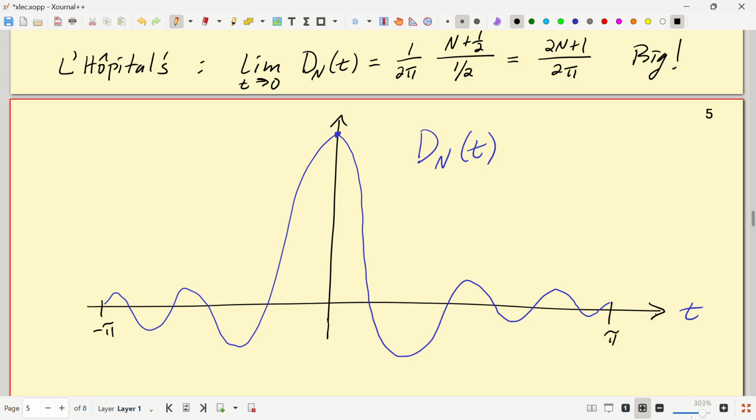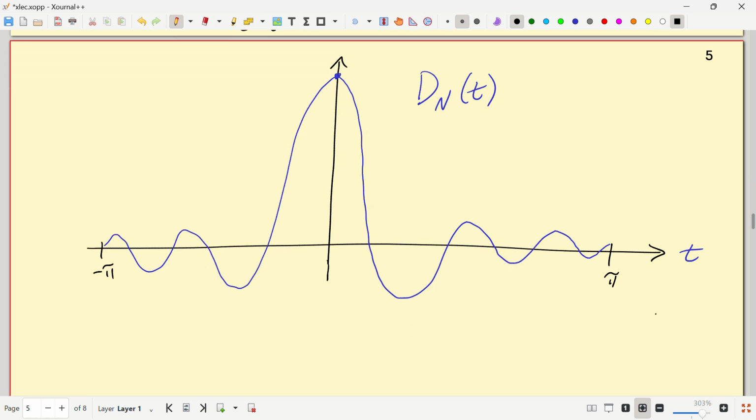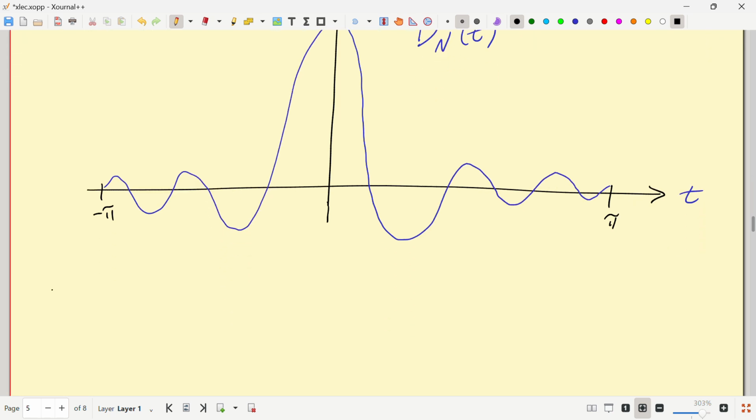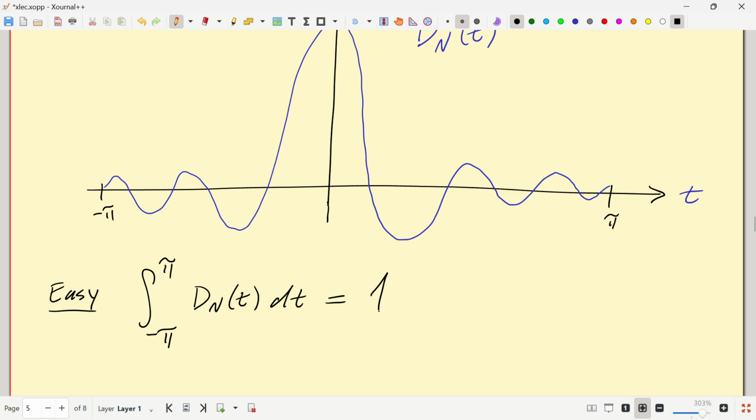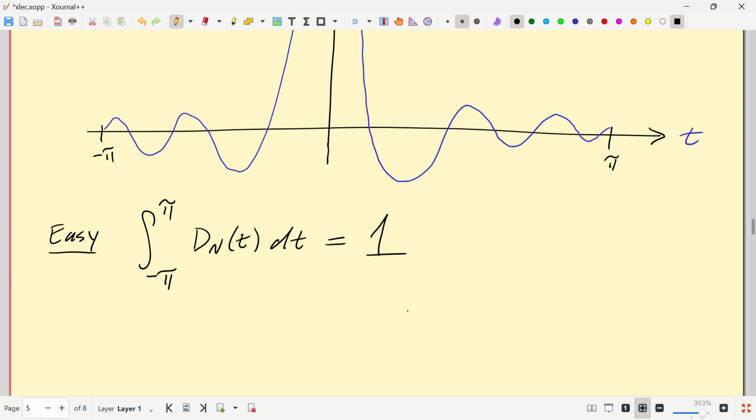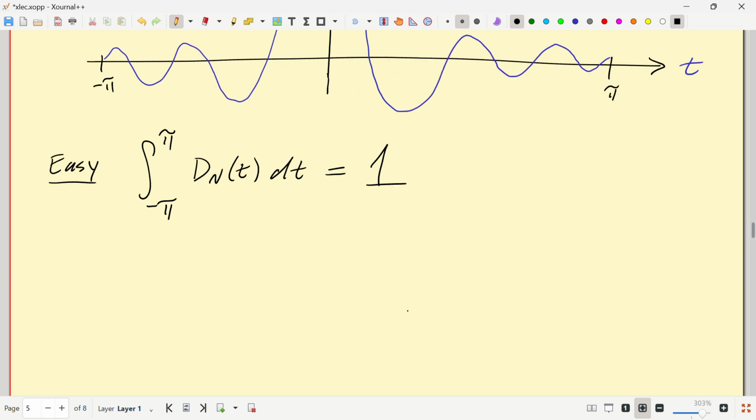Now let's see, easy things to check. An easy fact is that the integral from minus pi to pi of the Dirichlet kernel is equal to 1. That's because the term in the middle, the 1 term, is the one that integrates. All the others integrate to 0.